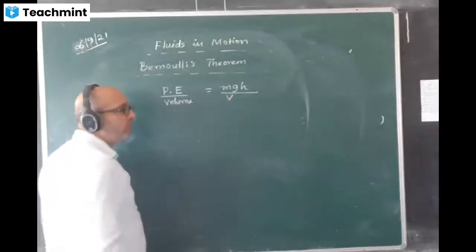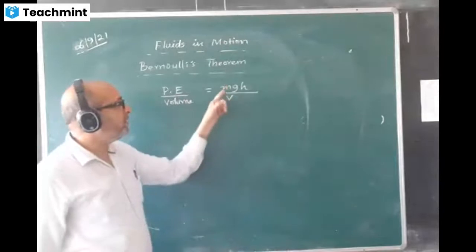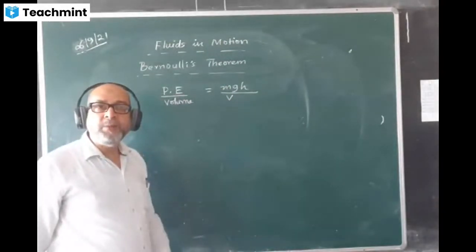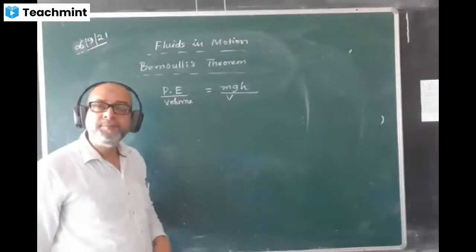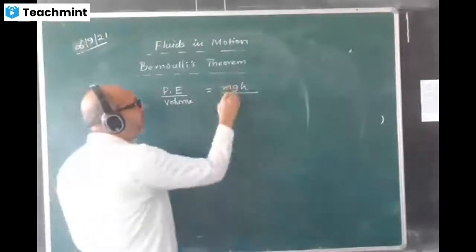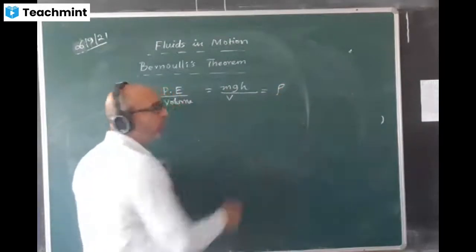Do you know mass divided by volume, what does it make? The formula mass by volume is the formula of what? Density. Mass by volume will be written as density, and the density symbol we write as rho.